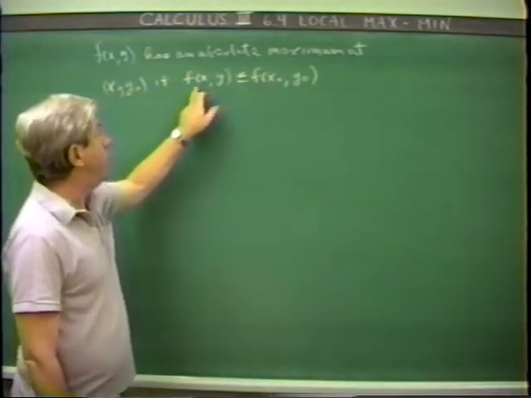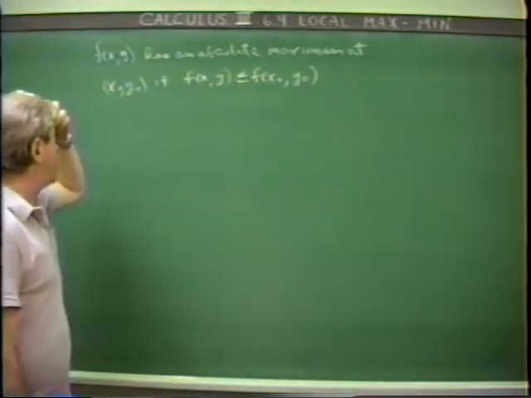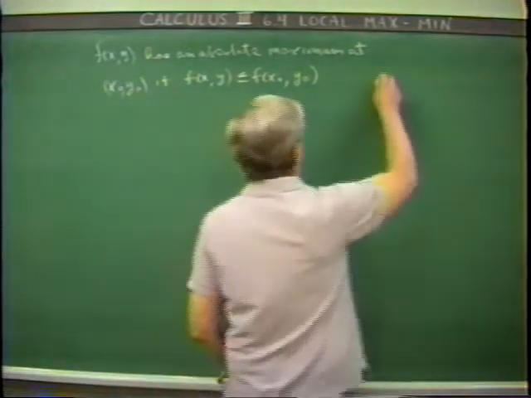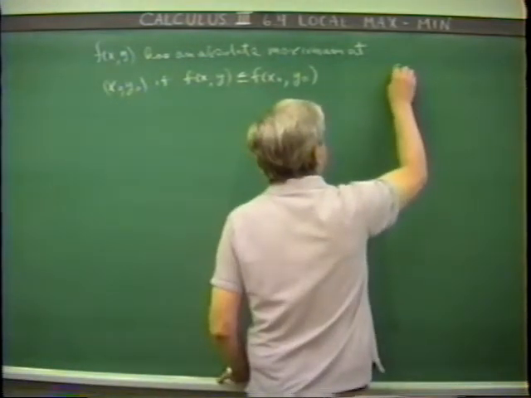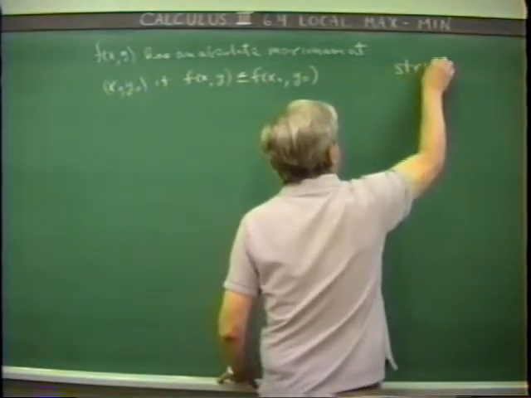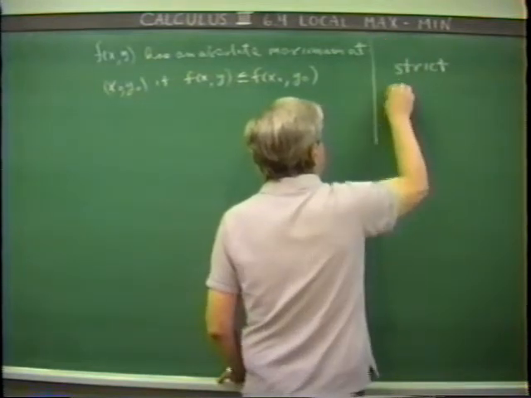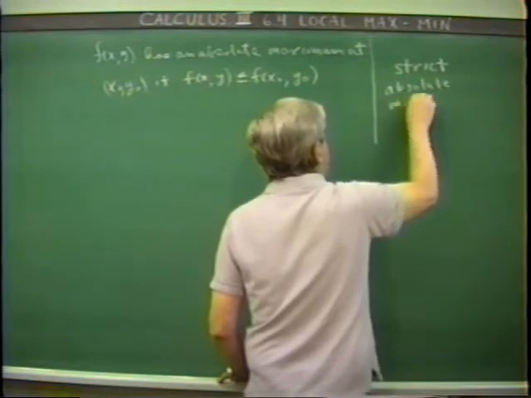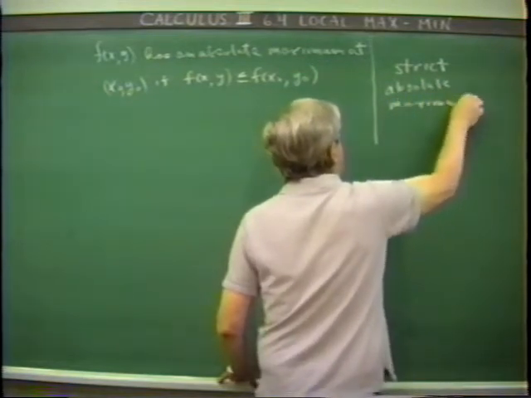This means that there can be some ties. That's to say there can be other values x, y where f of x, y is equal to f of x naught, y naught. If you don't want any ties, then you talk about a strict absolute maximum.